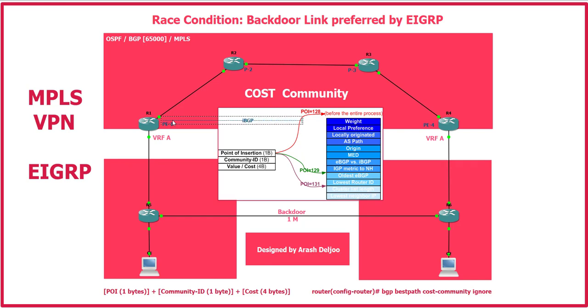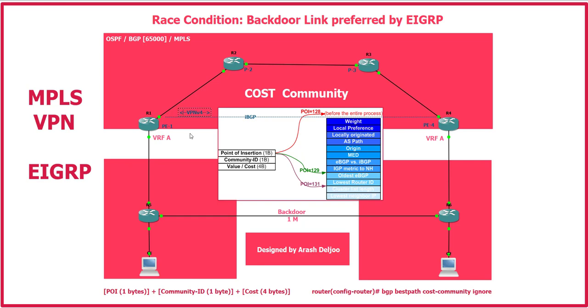As you learned, we configure BGP neighborship between the PE routers, and after that we use this neighborship for advertising the VPNv4 routes in the MPLS layer 3 VPN between router 1 and router 4.